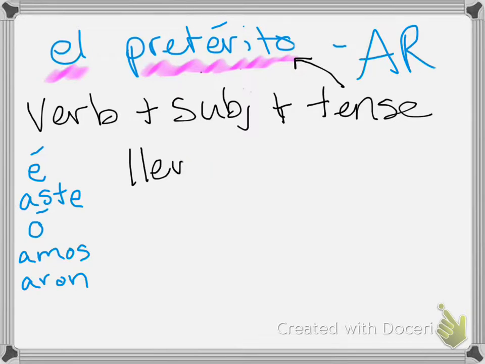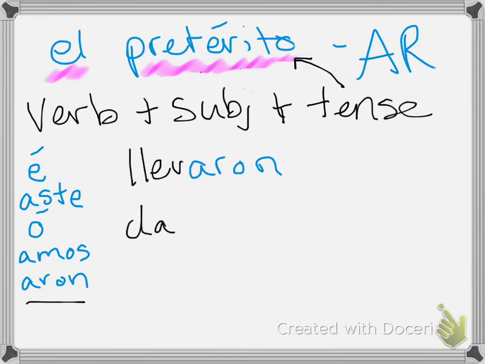Adiós, AR, and I'm going to replace it with my subject. So they would be, oh, I didn't mean to erase that. So they would be down here, this aron. So that's what I'm going to put on the end. Llevaron su almuerzo. They carried their lunches. Llevaron su almuerzo.